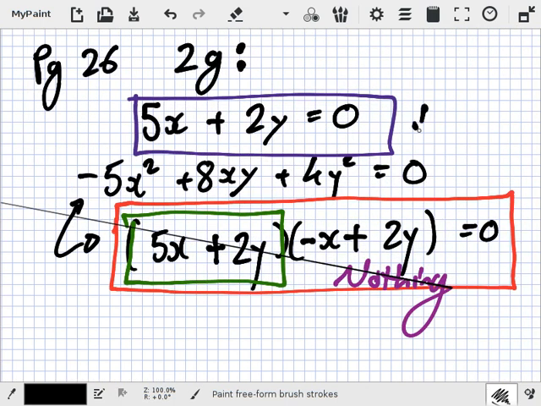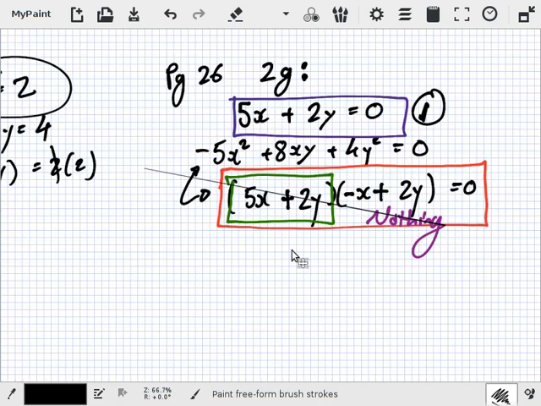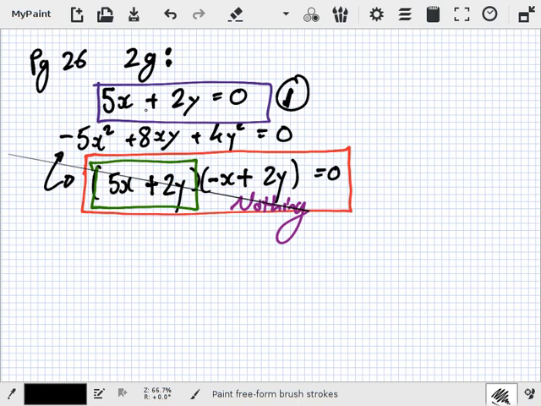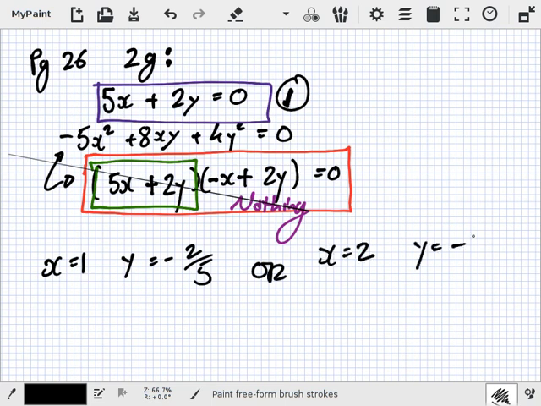So in fact, I only have one equation. And the reason I have infinite answers is because there's infinite number of ways to solve just one equation. So for example, one answer could be, I don't know, if x is 1, then y would have to be minus 2 over 5. Or, if x was 2, then y would equal minus 5.